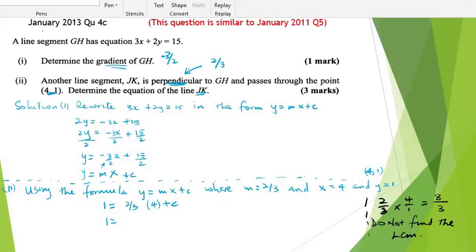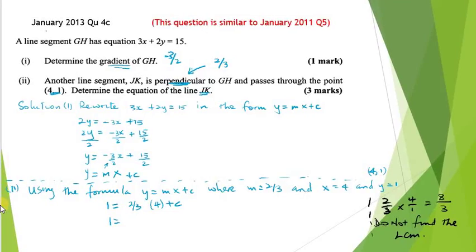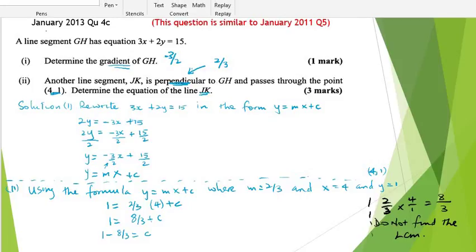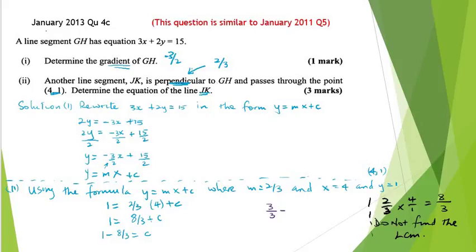Alright, continue now. So 1 is equal to 8 on 3 plus c. So 1 minus 8 on 3 is equal to c. Simplifying that, since I'm dealing with a denominator of 3, 1 can be written as 3 on 3 minus 8 on 3.